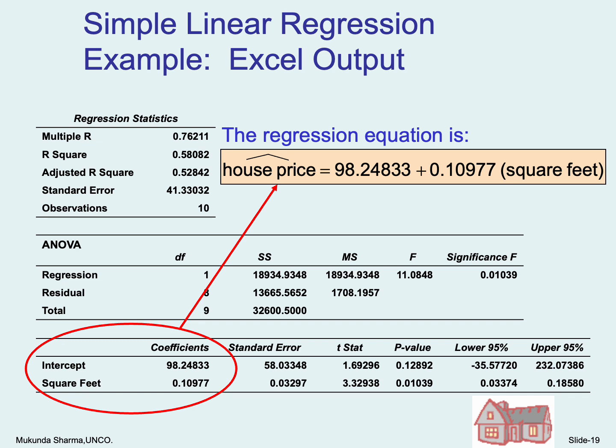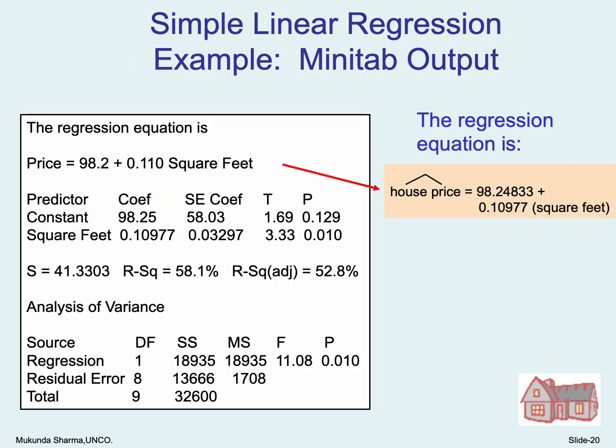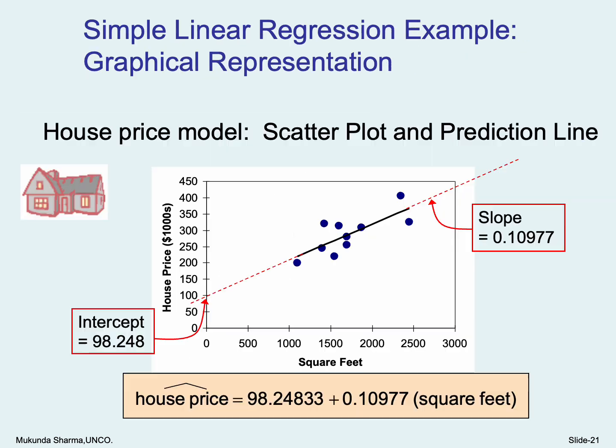Its output includes regression equations, coefficients, ANOVA tables, and diagnostic plots for thorough analysis. Simple linear regression can also be seen in graphical representation. If we plot the value of y against the value of square feet, we can see this type of scatter plot.